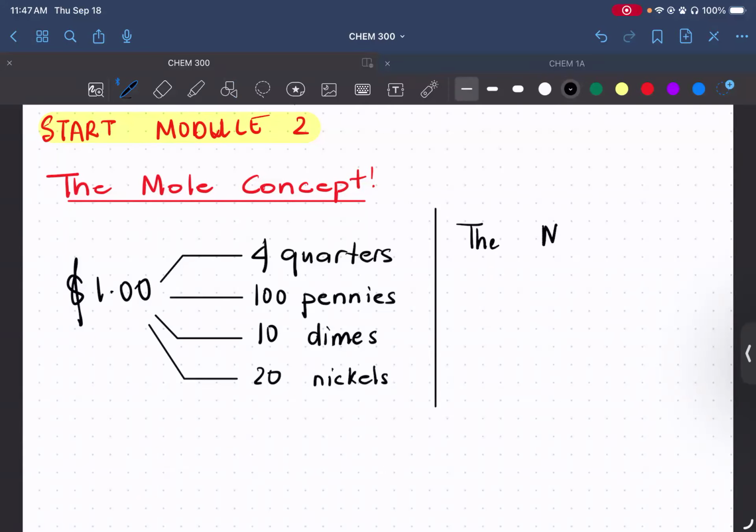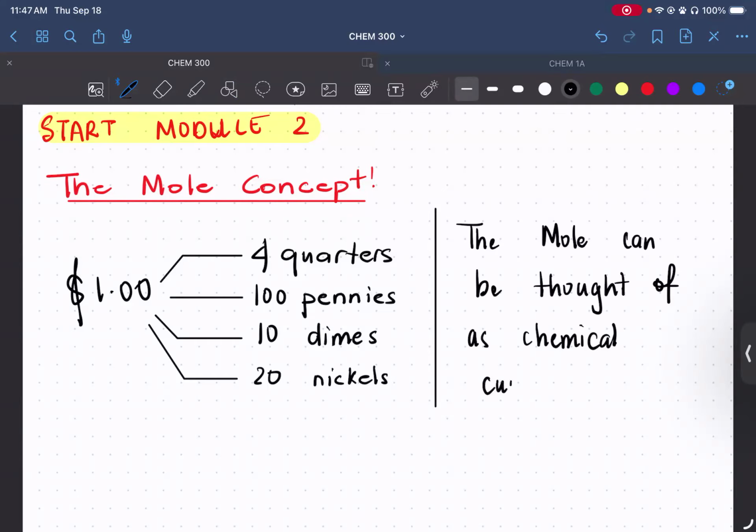The mole, that word right there, mole, can be thought of as chemical currency. The mole represents the simplest way for us to describe various quantitative features about chemicals. It can mean many things, just like $1 means 4 quarters, 100 pennies, 10 dimes, 20 nickels. A mole can mean many, many things, but we use mole because it's the simplest way to describe chemical currency.